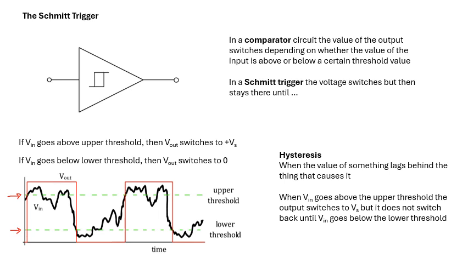Hysteresis is where something lags behind the thing that causes it. So when V in goes above the upper threshold, the output switches to Vs, but it does not switch back until V in goes below the lower threshold. A very, very good way of getting rid of noise. If you've got a digital signal which has picked up noise, look at the input and look at the output.